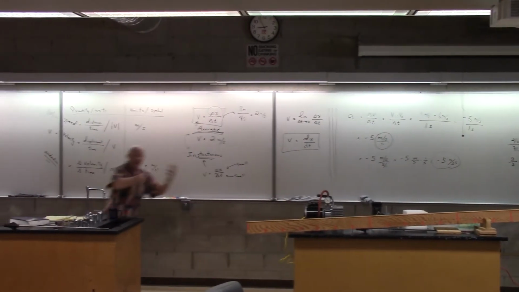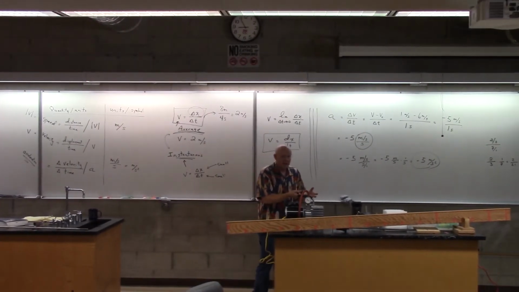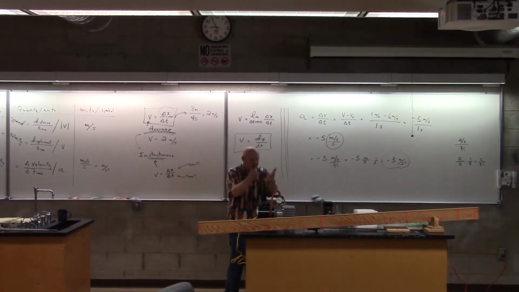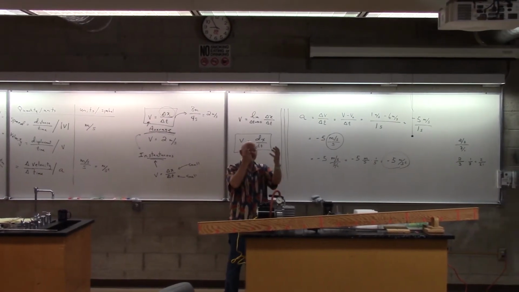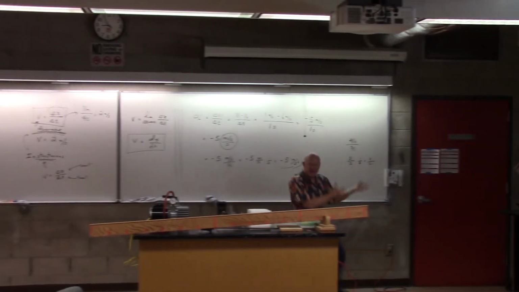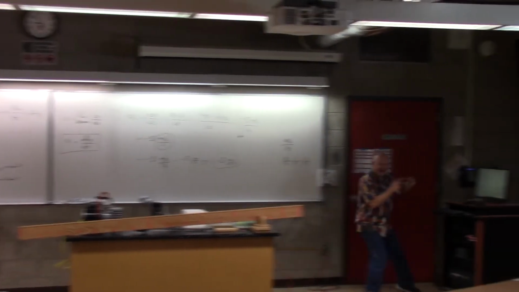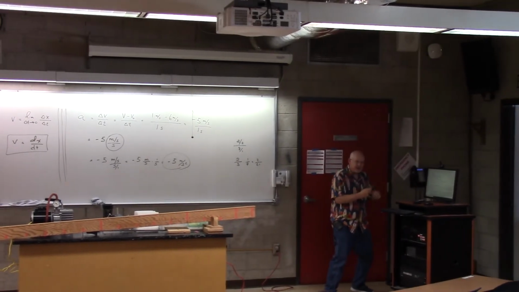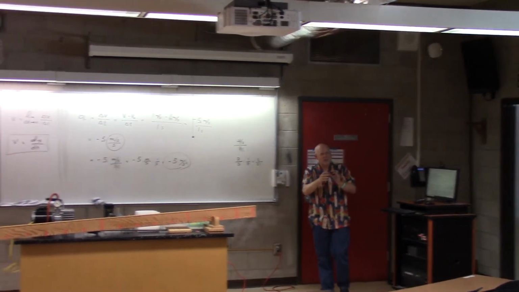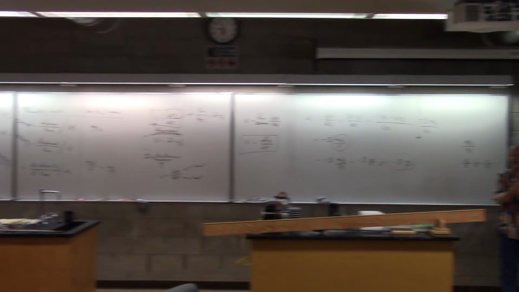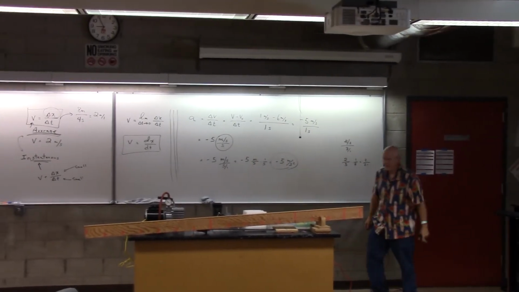A second later, how fast am I going? 20. I change by 5 meters per second every second. A second after that, how fast am I going? 15. A second after that, 10. You see, I constantly change by 5 meters a second each second.